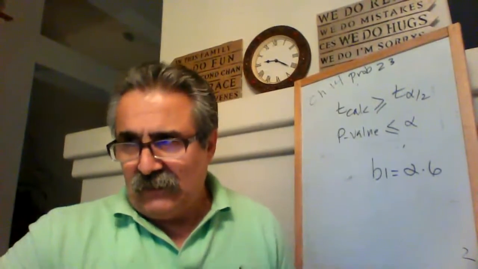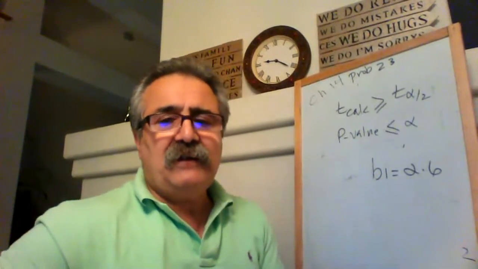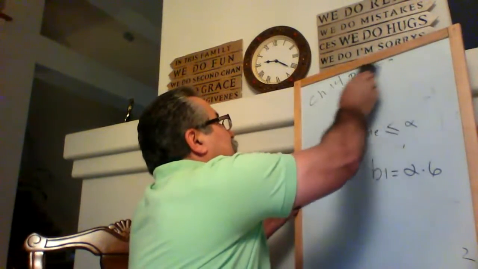And there is one more item that I would like to cover for you. This is out of chapter 12. This is called chi-square goodness of fit.